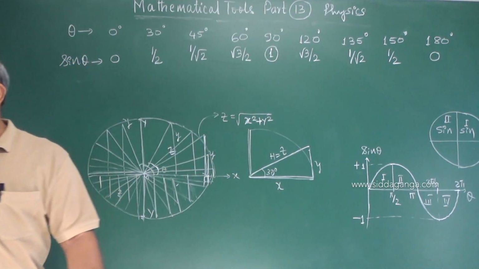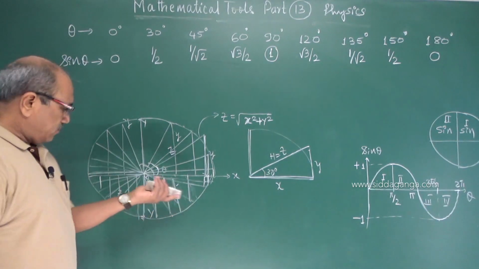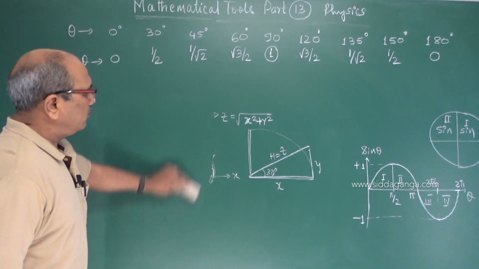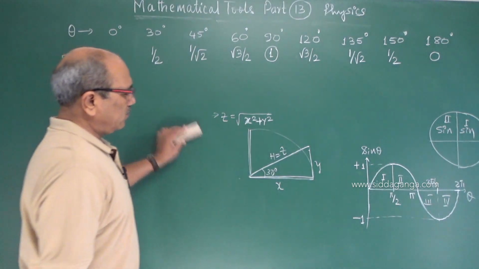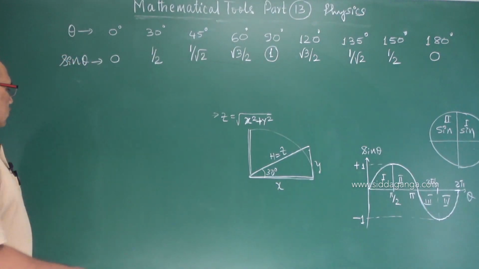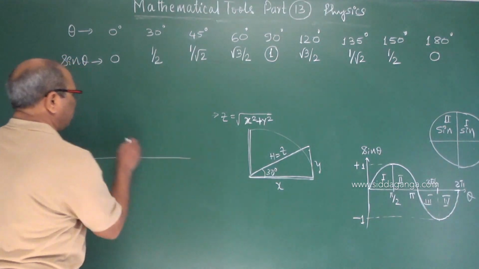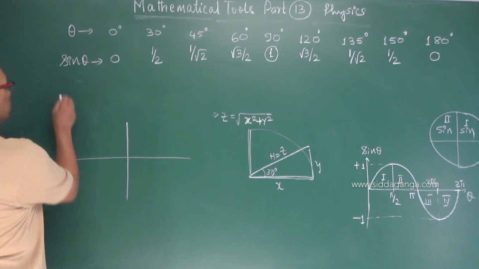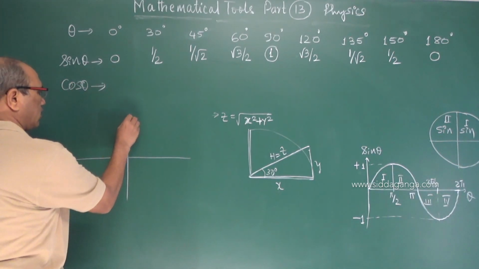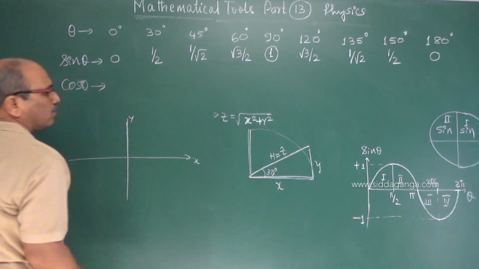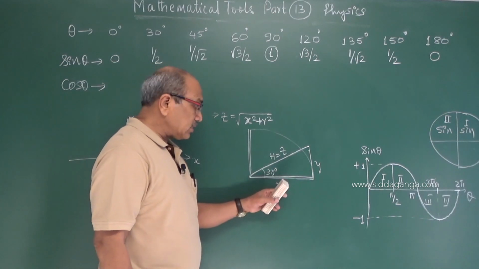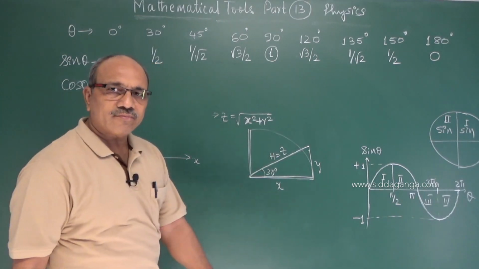Similarly, let us go to the cos function. So when I take cos theta, again y and x, how do we define cos? x by z, adjacent side by hypotenuse.